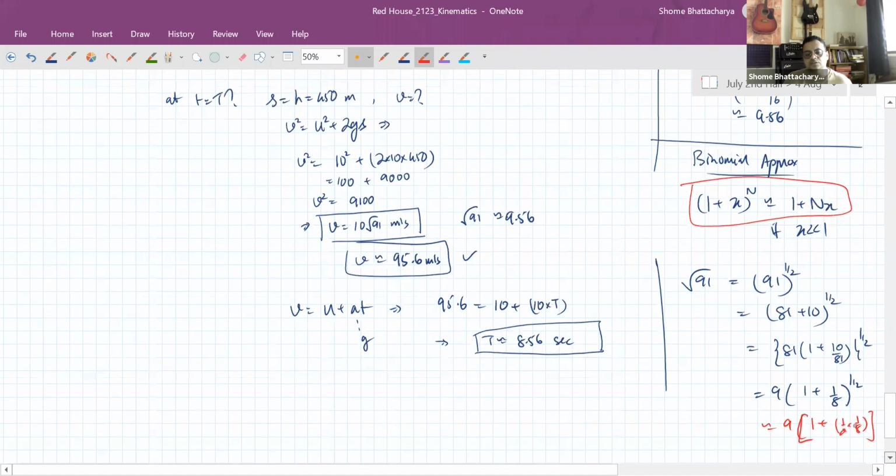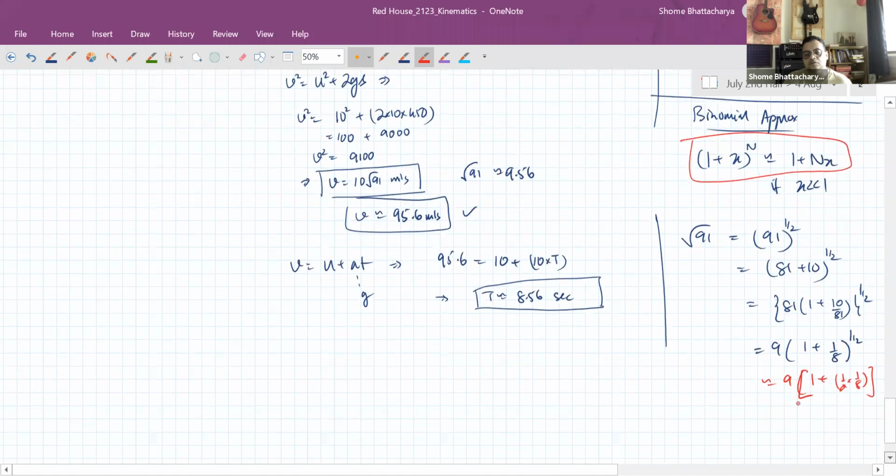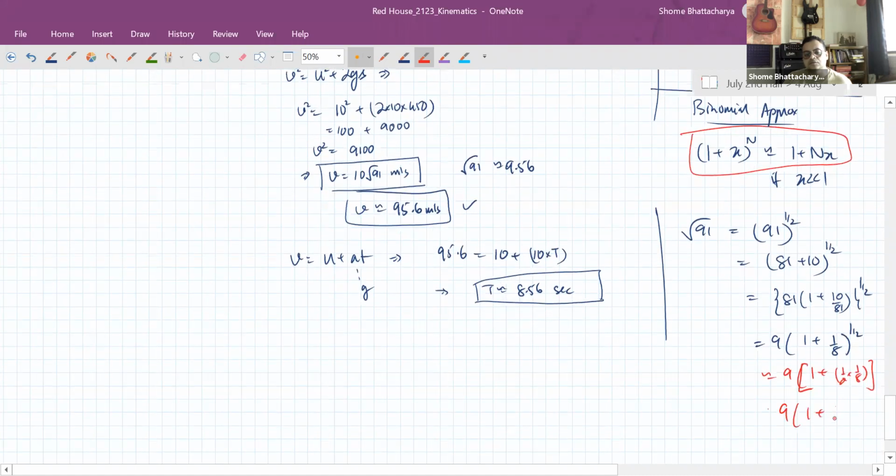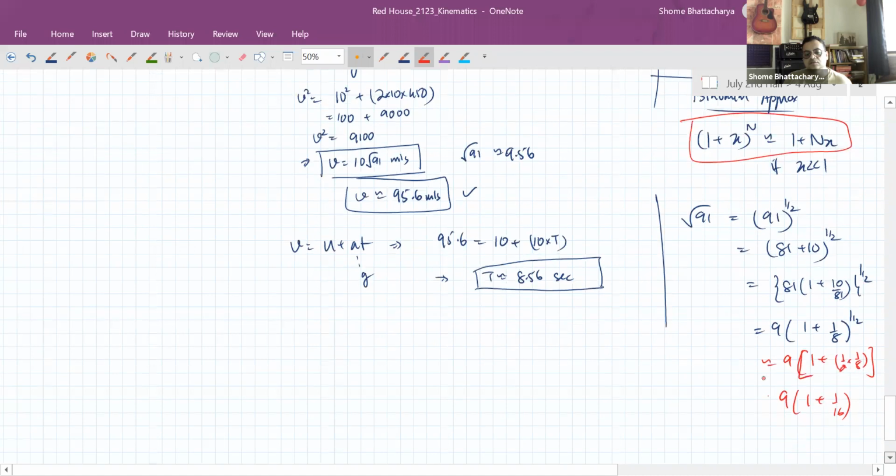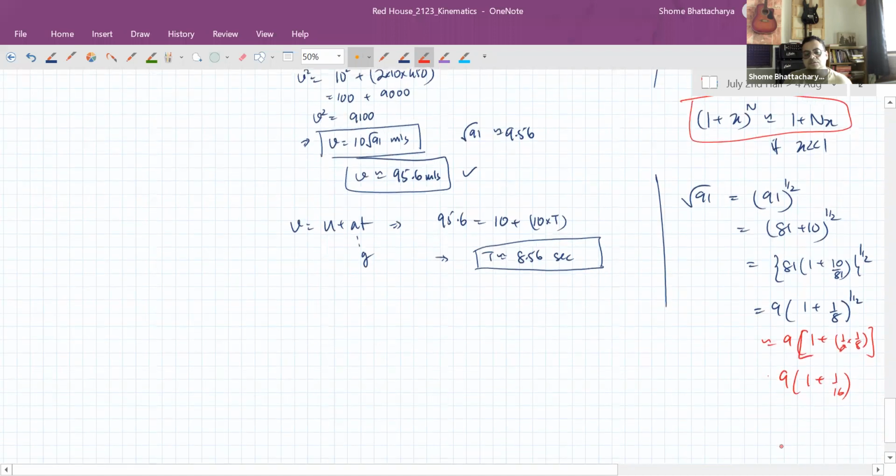That's how I got this. So that is 9 plus 9 by 16, which is approximately coming out to be 9.56. Okay, this is okay for approximation.